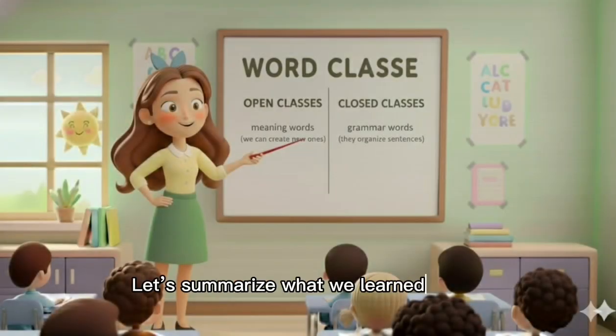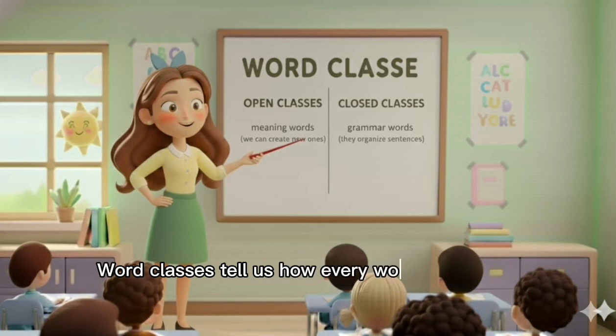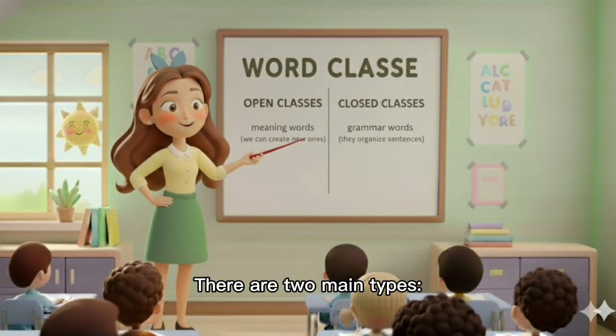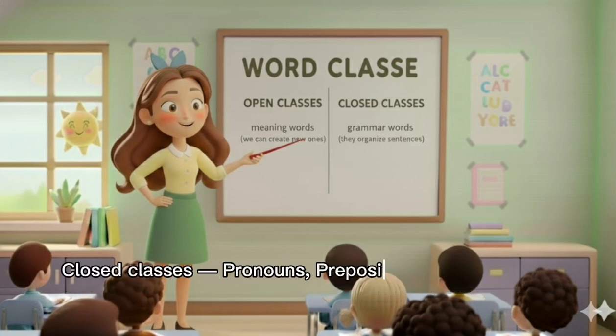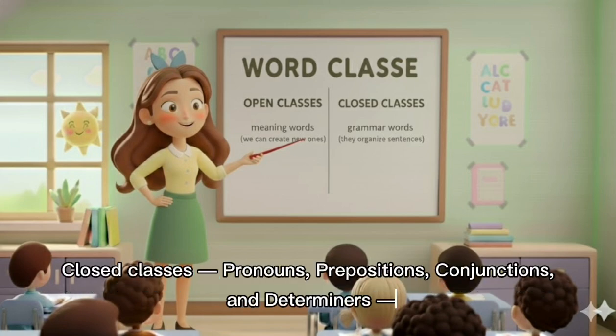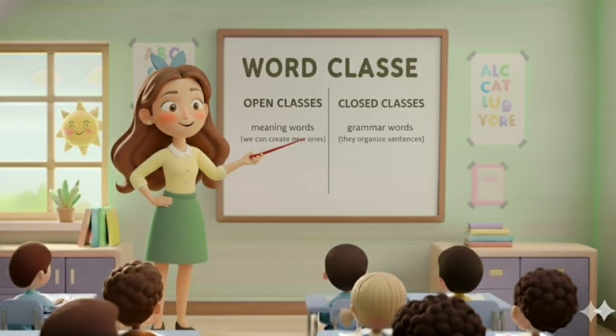Let's summarize what we learned today. Word classes tell us how every word works in a sentence. There are two main types: open classes, nouns, verbs, adjectives, and adverbs. Closed classes, pronouns, prepositions, conjunctions, and determiners.